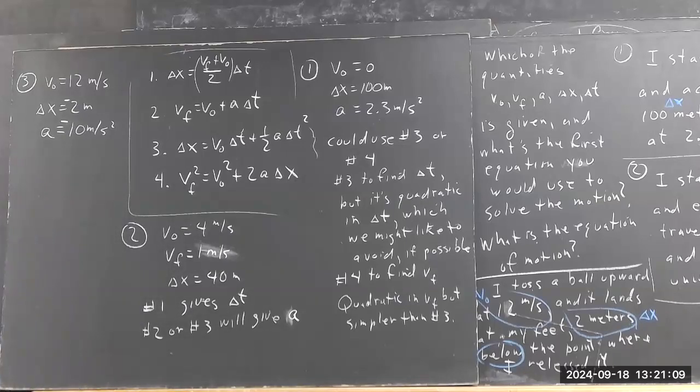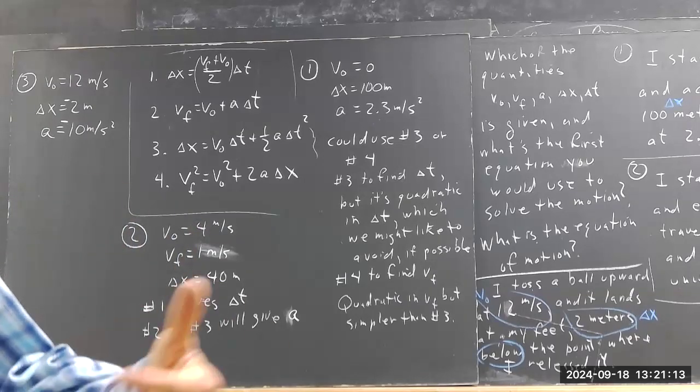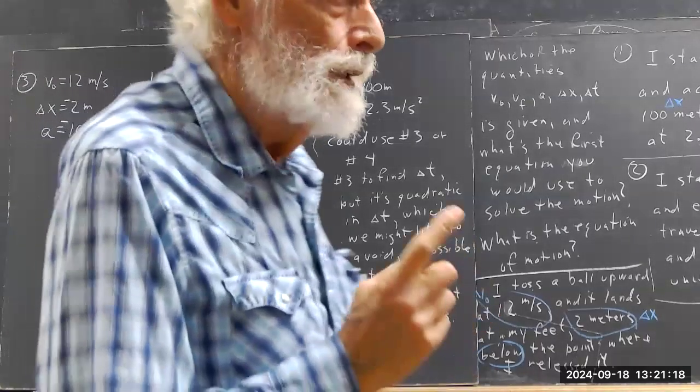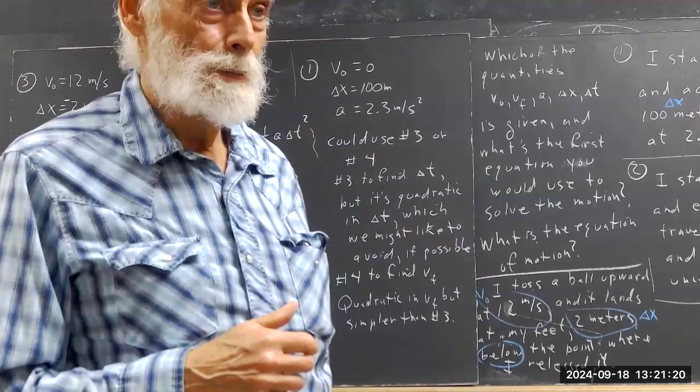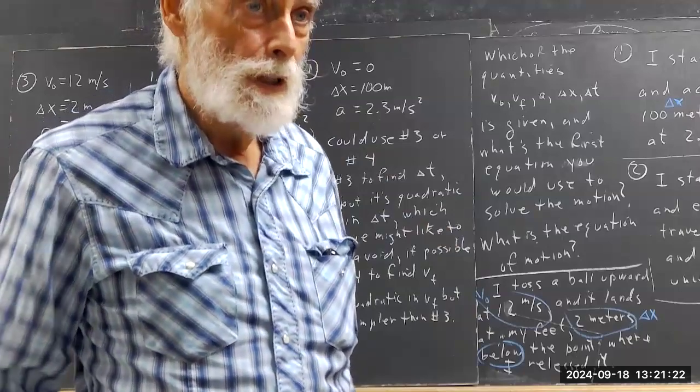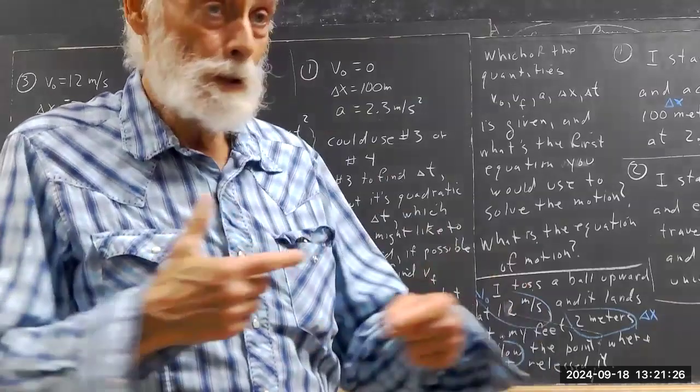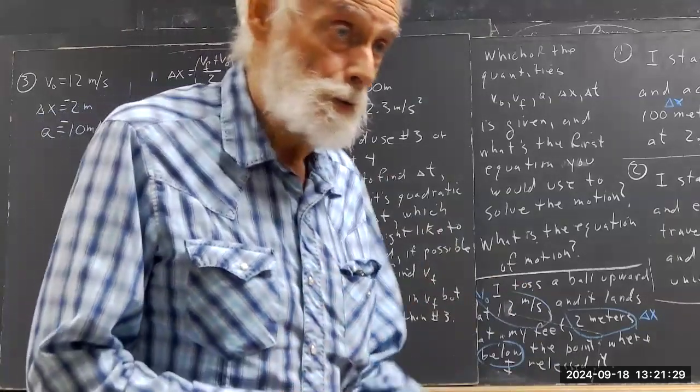Understand that? Because it's a pitfall to not explicitly declare what your coordinate system is. Now, if all the quantities you have are in the same direction, then it's kind of implicit. But if some quantities are in opposite directions, you've got to make a choice.